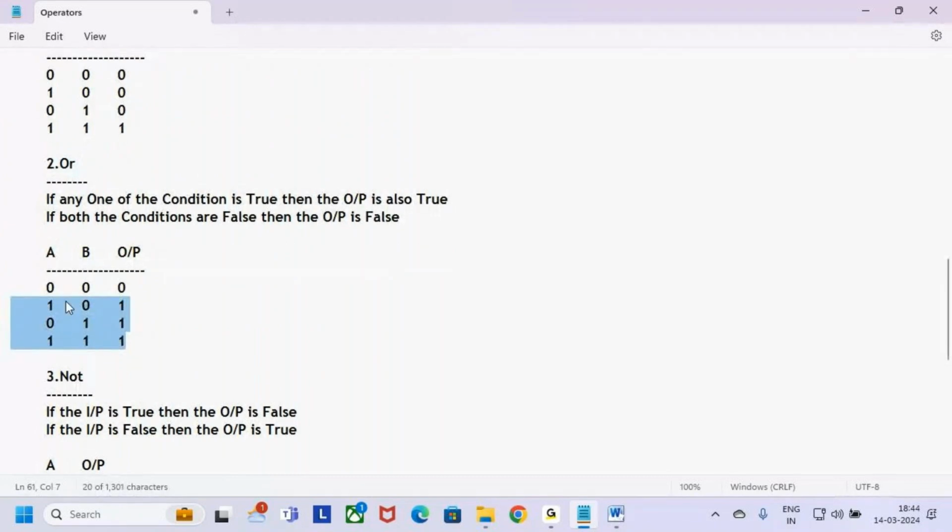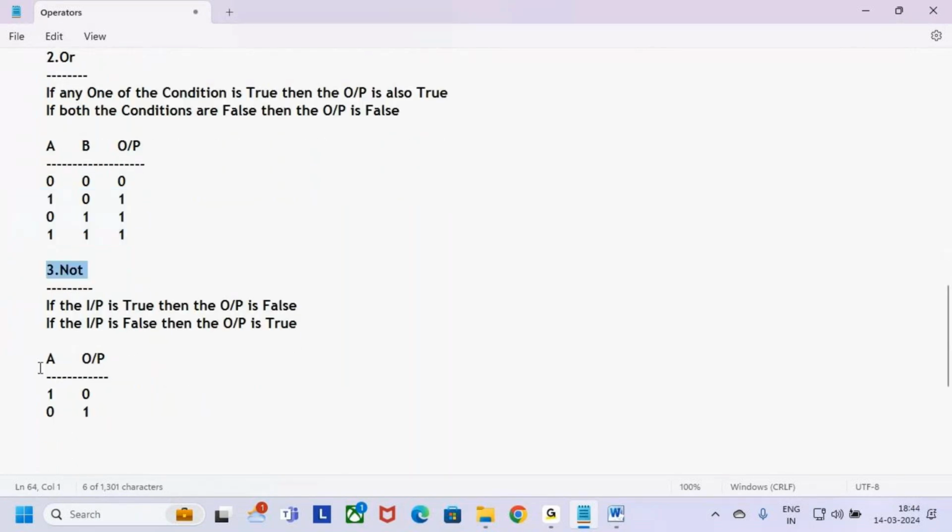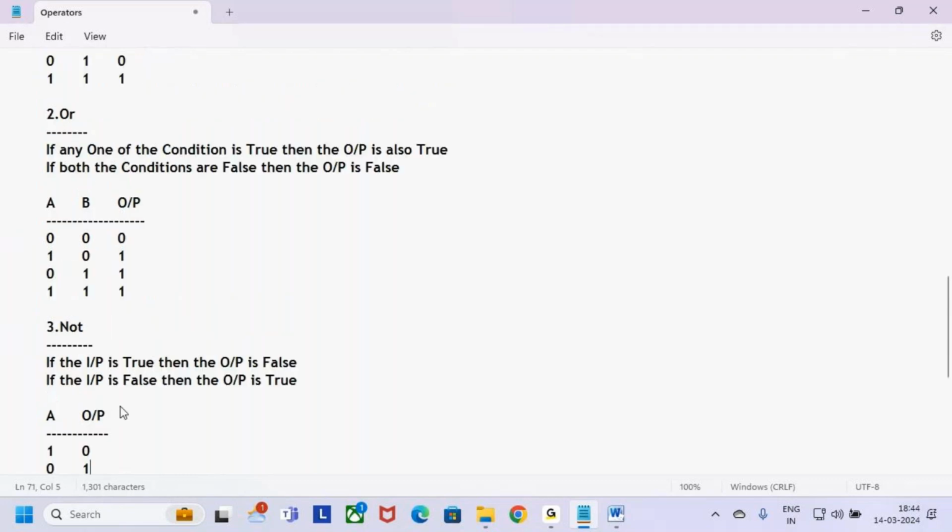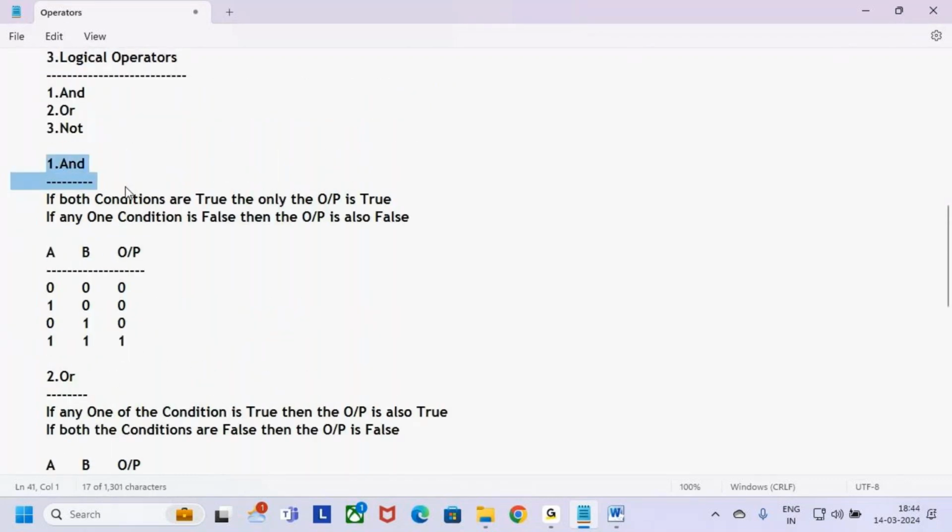We get the output as false only if both the conditions are false. In all the remaining cases, anywhere the condition is true, we'll get the output as true. And coming to the NOT operator, we pass only one input. If the input is true, we'll get the output as false. If the input is false, we'll get the output as true. So these are the different types of logical operators we have.